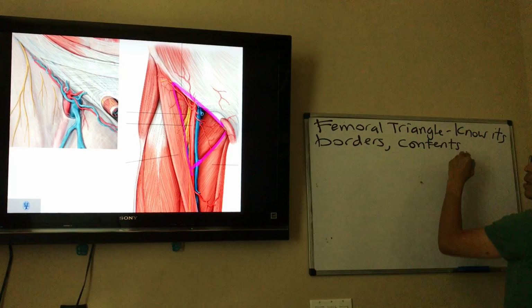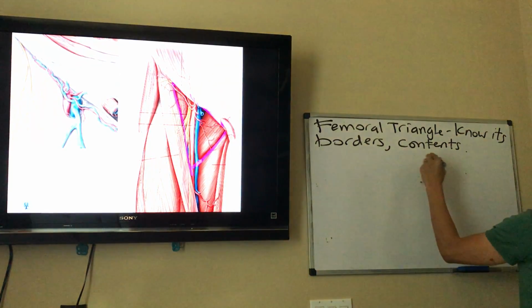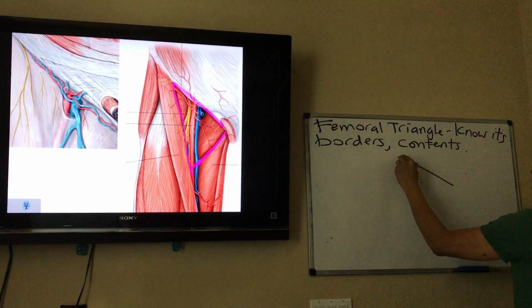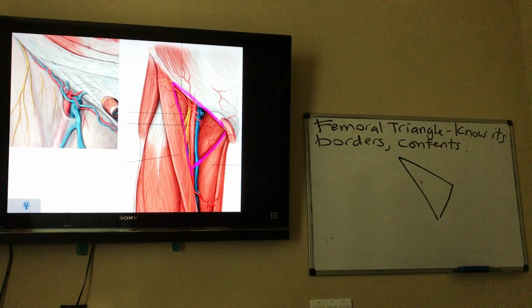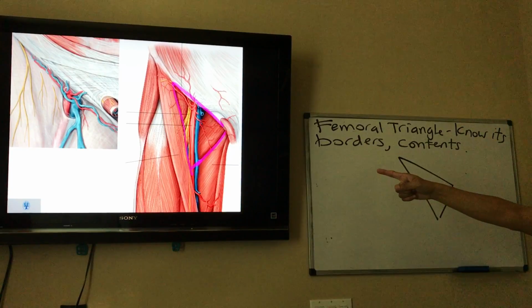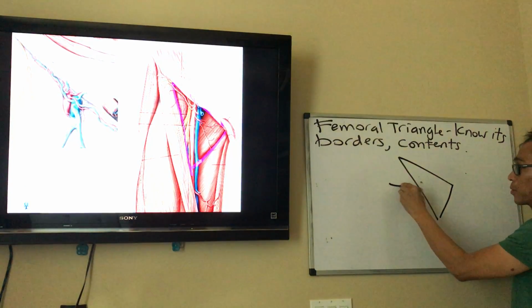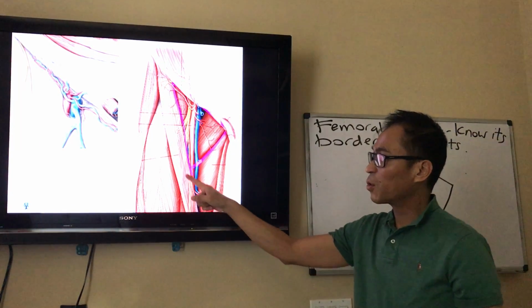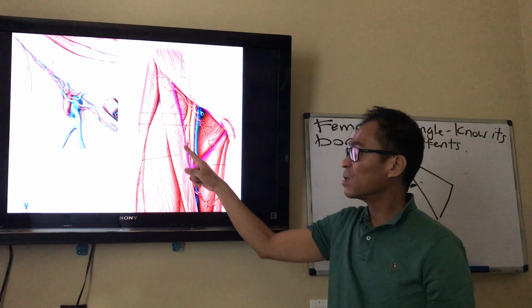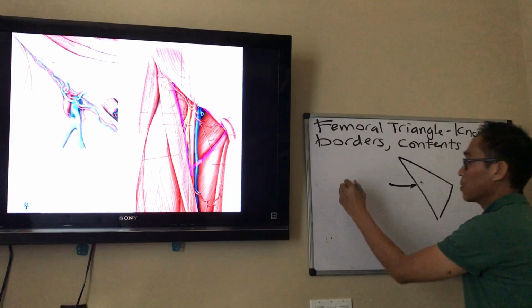Try to approximate that triangle there. You know, this lateral border, that muscle is the sartorius. The sartorius muscle forms the lateral aspect of this triangle.